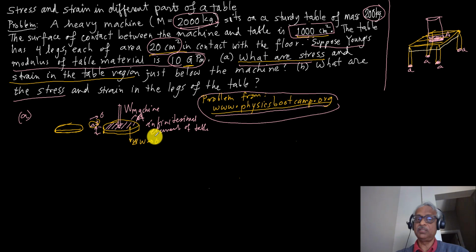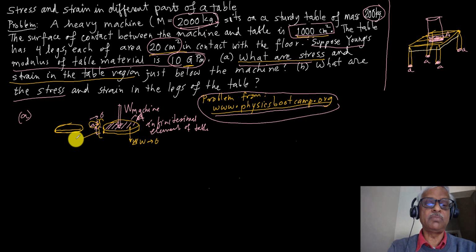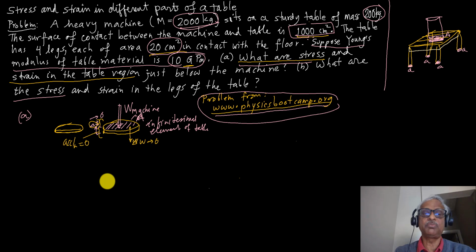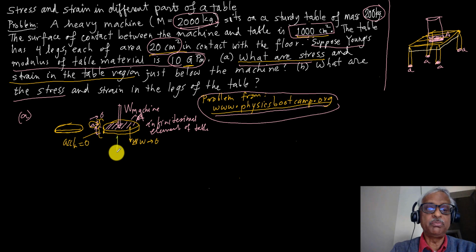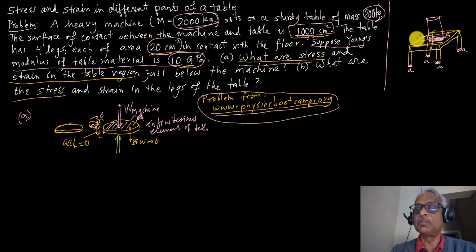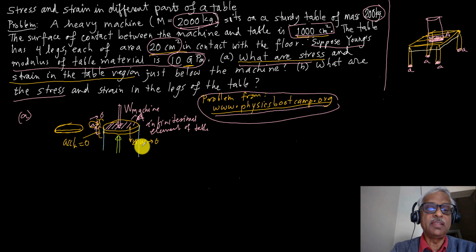The acceleration of this element is 0, which means from F equals ma there is another force, and that is where the stress is coming from. So this is from the rest of the table, like other parts of the table. So the table is this thick underneath here.